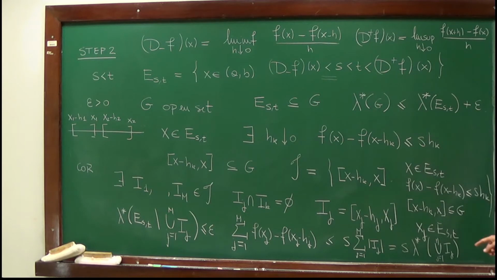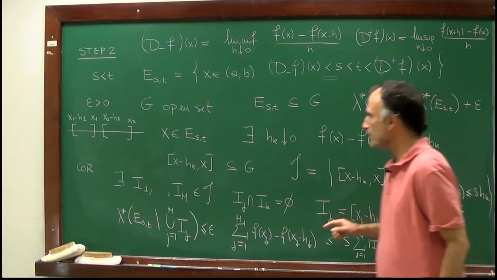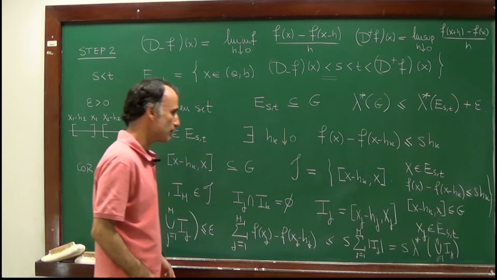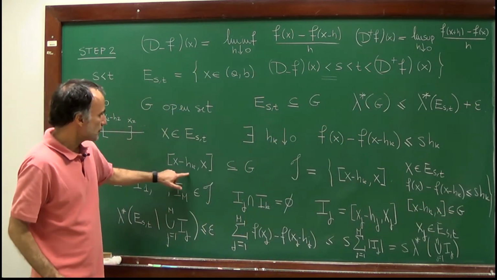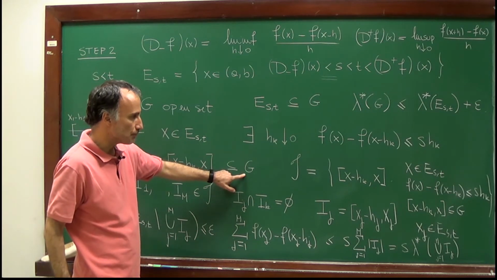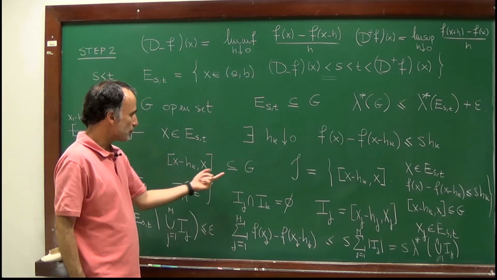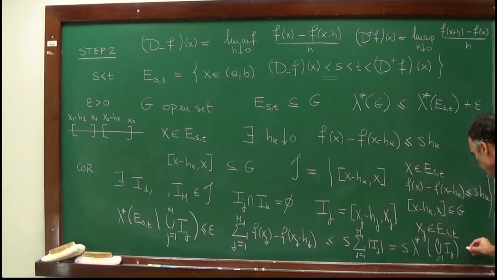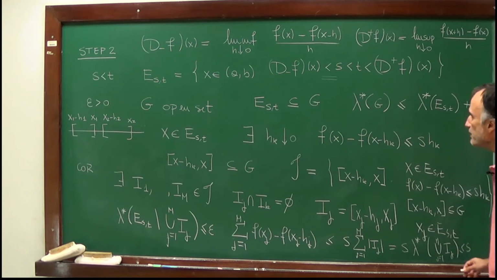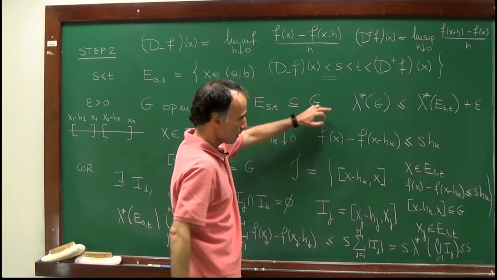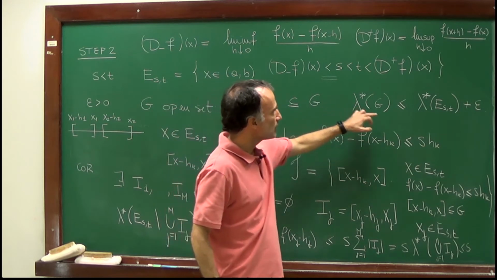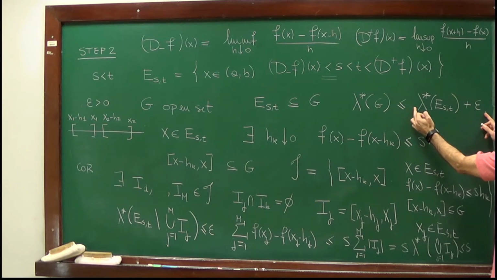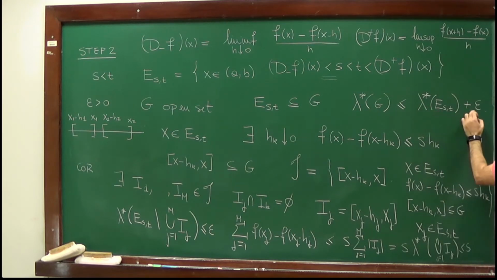Right? And now remember that all these intervals are contained in G. This means that the union of these intervals is contained in G, and therefore the outer measure of the union is smaller than the outer measure of G. But the outer measure of G is bounded, by construction of G, by the outer measure of the set E_s^t plus epsilon.